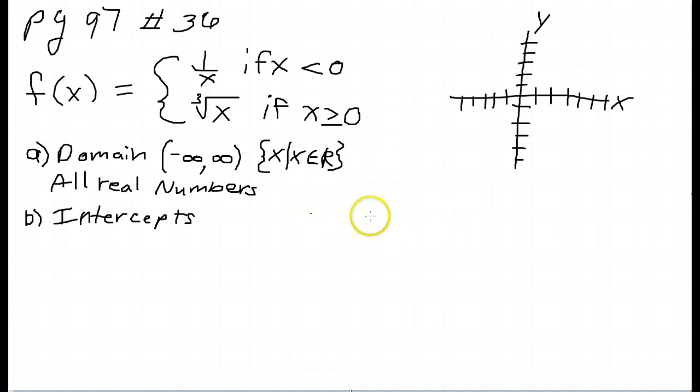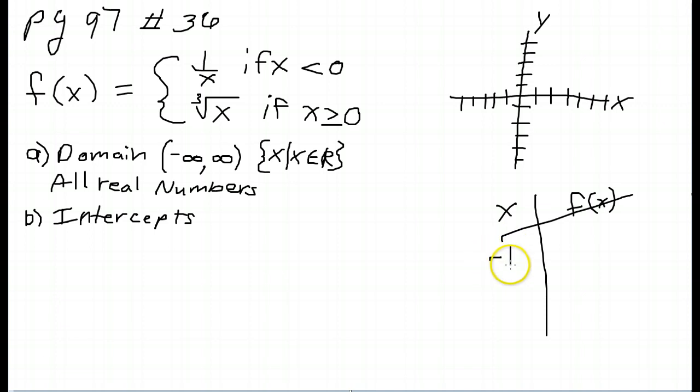Now let's make a table. Alright, we're going to use some of the most common numbers. Alright, let's try something like -1 first. If I were to plug in -1, remember -1, we use the top graph. We would say 1 over -1, which is -1. So we plot the point -1, -1.